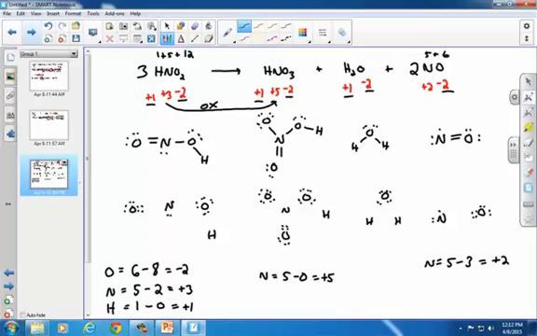But some of the nitrogens are going from a +3 to a +2. And that's a decrease in the oxidation number. That's a reduction. So the nitrogen is both oxidized for some of the nitrogen atoms, and for other nitrogen atoms in the reaction, they're being reduced.